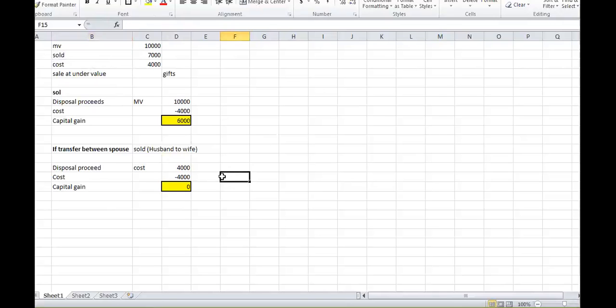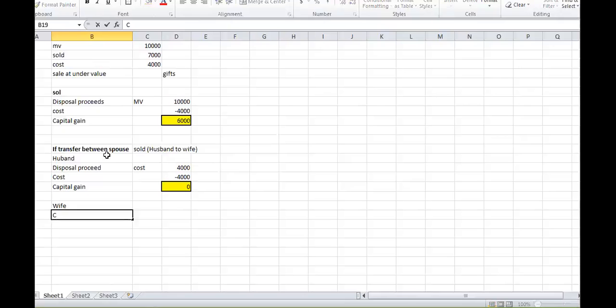If the husband has sold this asset to wife, these are the tax implications for the husband and for the wife, because this is a transaction between husband and wife at cost.